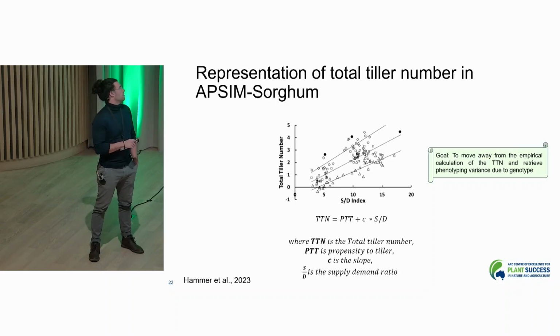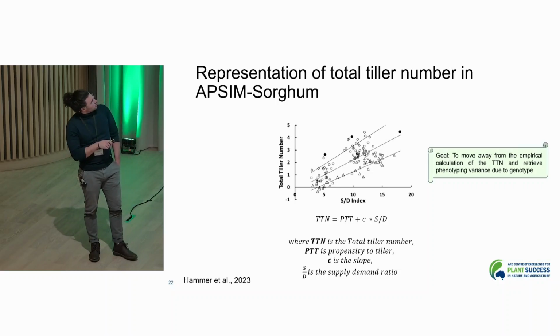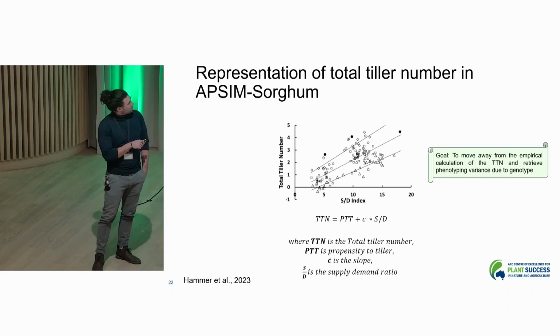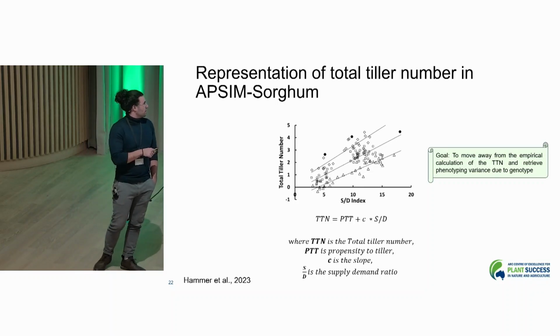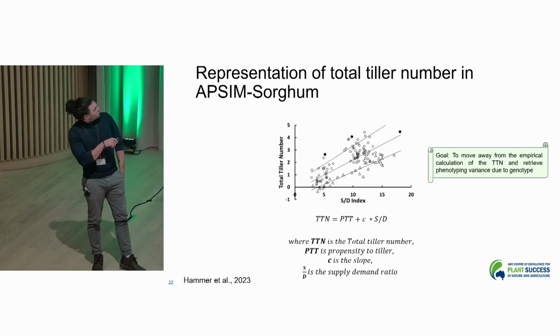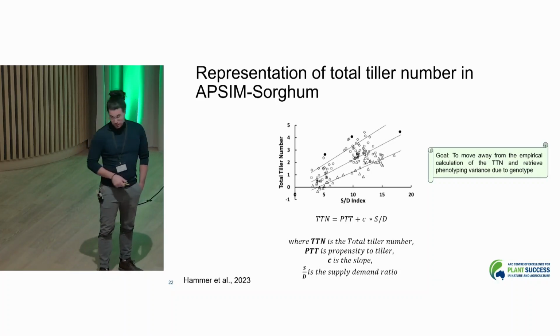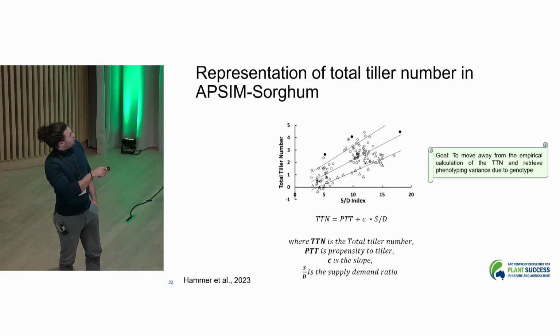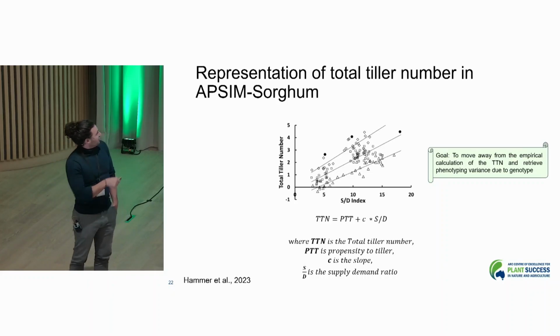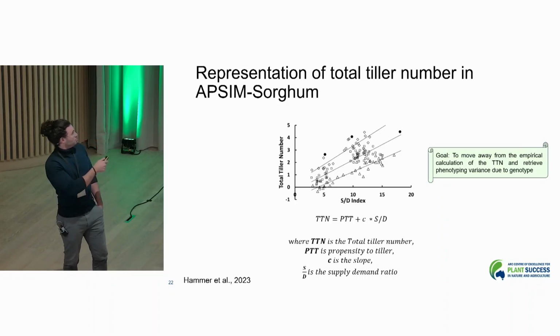APSIM was calculating it in an empirical way, with a linear equation: the intercept is the propensity of tillering, which is affected by the hormonal network that we were looking at before, plus the slope times the supply-demand ratio. We wanted to move away from this because in reality it doesn't behave linearly.